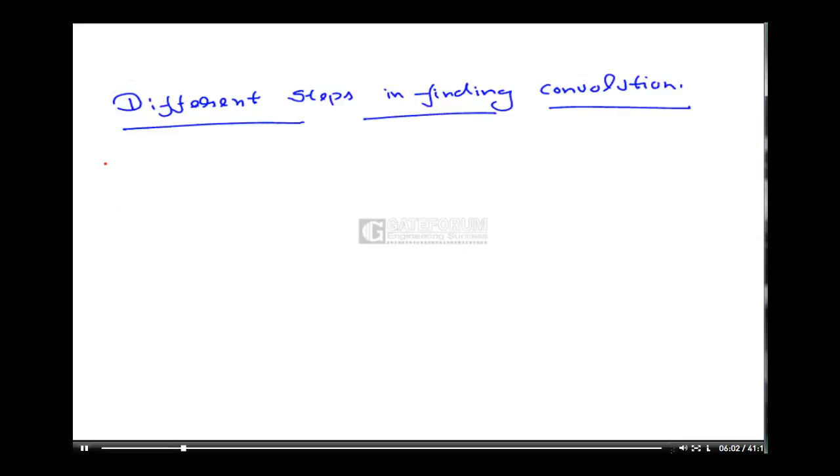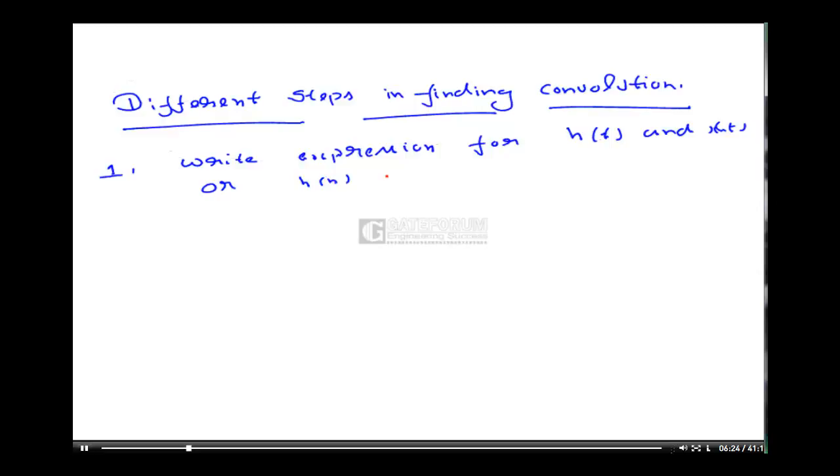The first one is: write the expression for h(t) and x(t) in the continuous time domain, or h(n) and x(n) in the discrete time domain.